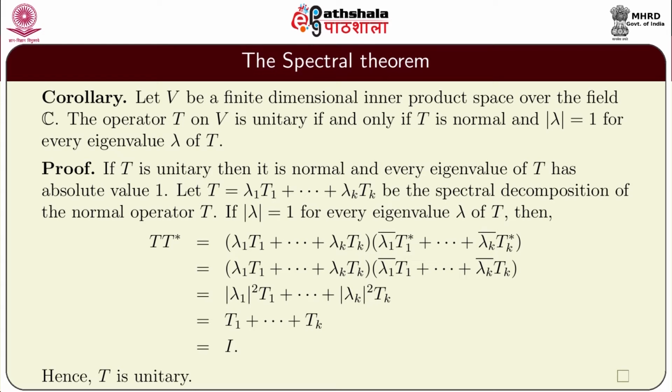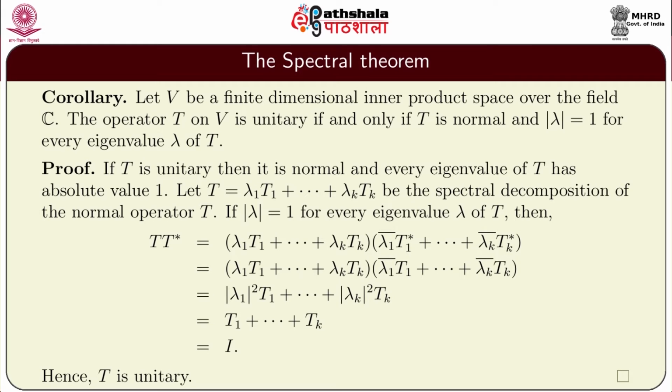Now T1* is T1, and so on, Tk* is Tk. So we get the expression (λ1 T1 + ... + λk Tk) multiplied by (λ1 bar T1 + ... + λk bar Tk), and this gives rise to |λ1|² T1 + ... + |λk|² Tk.